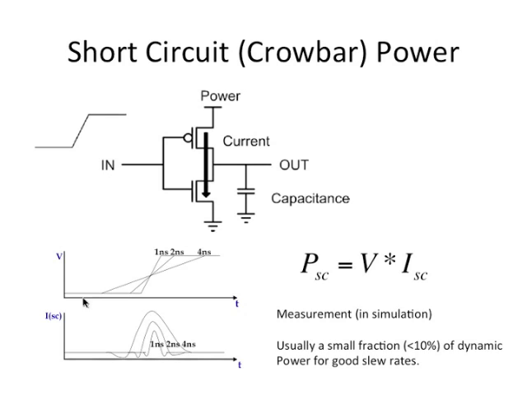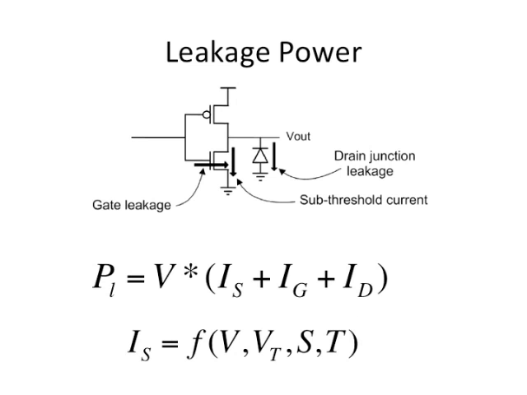But when I'm not switching, on this side, I basically have what is called leakage current. It's not short circuit current; it's leakage current, and it happens due to a number of reasons. One is the leakage in the diodes. You have parasitic diodes in the source drain junction regions.